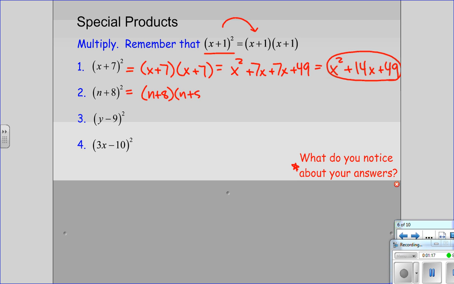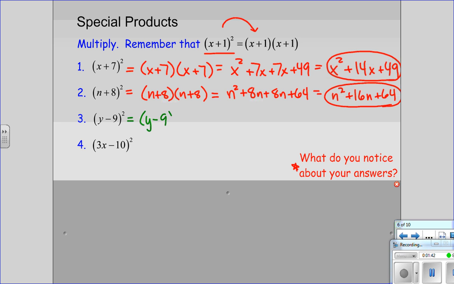We begin by writing out n plus 8 twice, use FOIL to distribute properly, and then combine like terms in the end. We'll change different colors so it's a little easier to see. The product of y minus 9 squared is y squared minus 9y minus 9y plus 81.